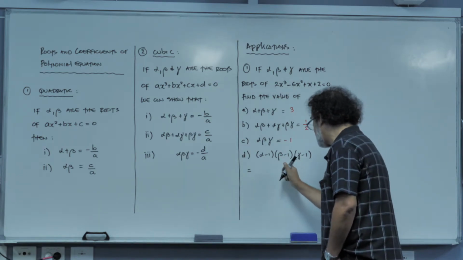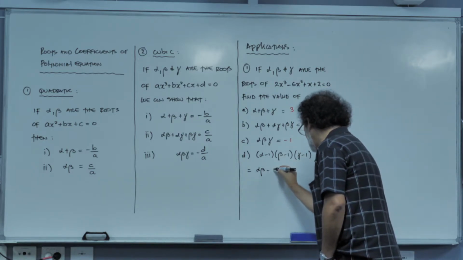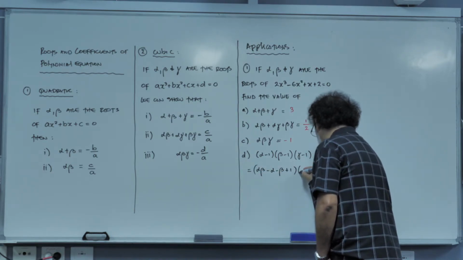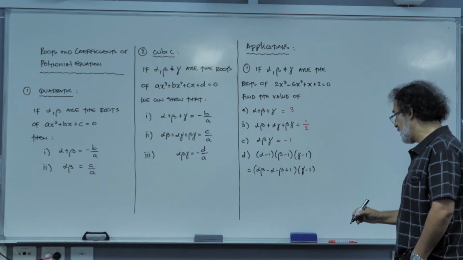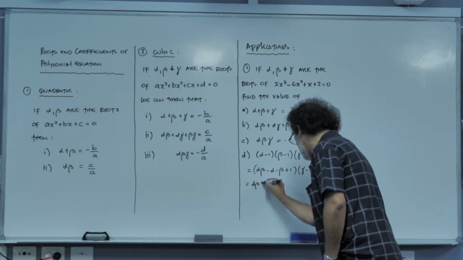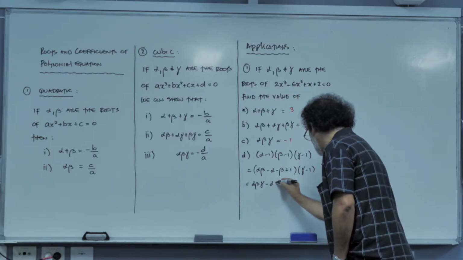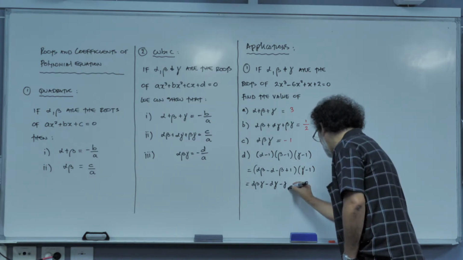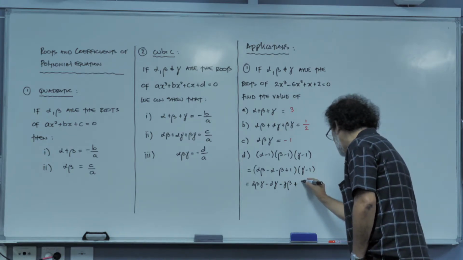So if you multiply this by this, it's going to be alpha beta, and then minus alpha minus beta plus 1. And I'm going to multiply that by gamma minus 1. So we're going to do the same thing. We're going to have alpha beta gamma, and then minus alpha gamma, and then minus beta gamma, and then plus alpha beta, sorry.